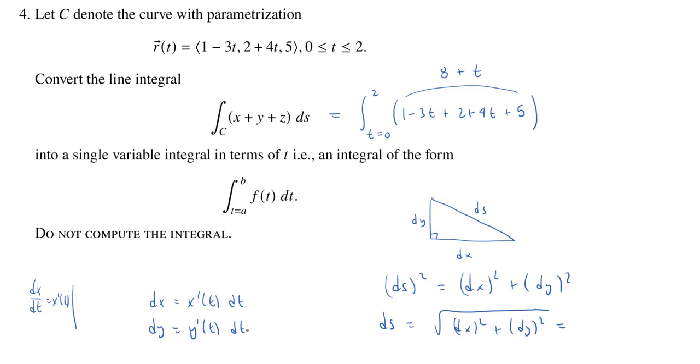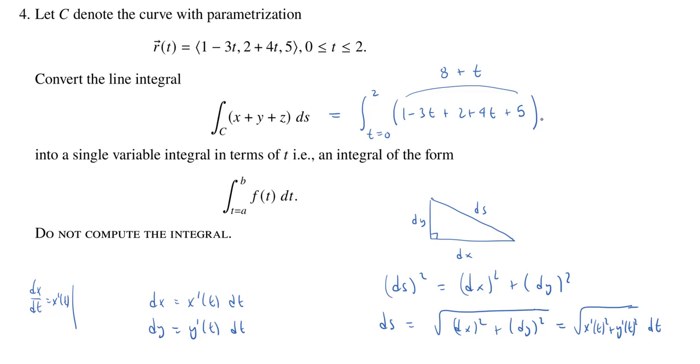And if I do that, the dt is going to show up as a square everywhere, and I can pull it outside the square root. I end up with the square root of x prime of t squared plus y prime of t squared, and the dt popped out of the square root. It's probably a handy formula to have at the ready, but it's really important to understand where it comes from. I tend to create it on the fly, even though I know this formula by heart.